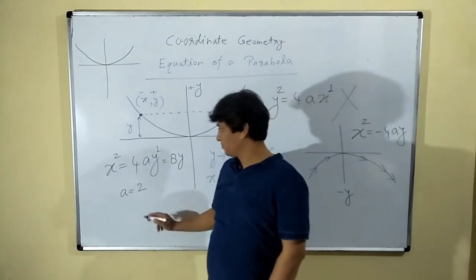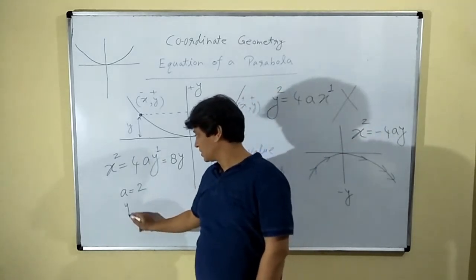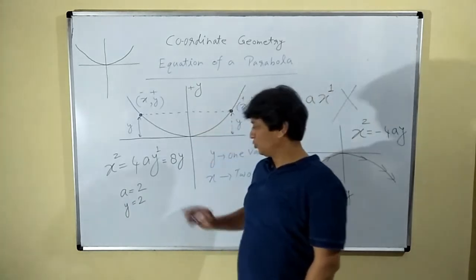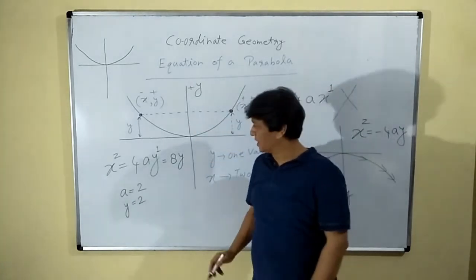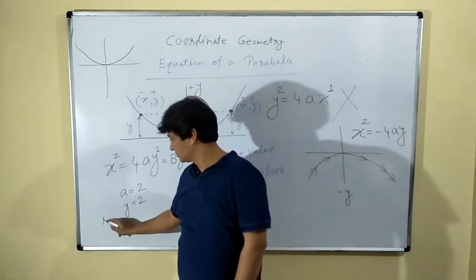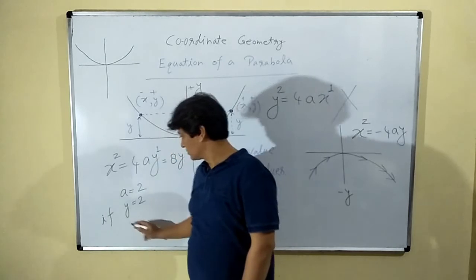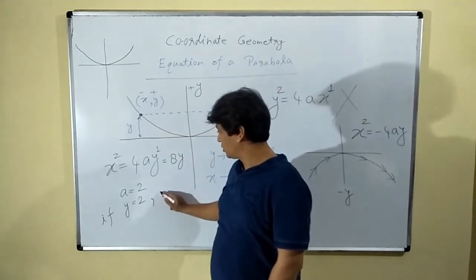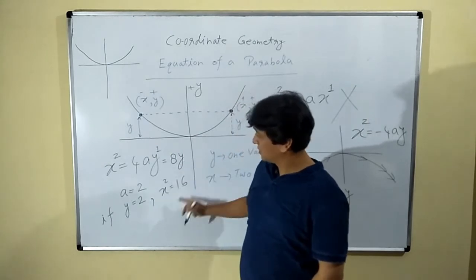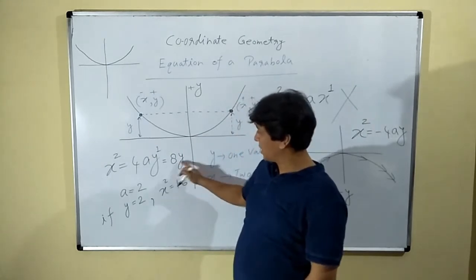Now this is 8y, and let's say y is 2. 2 इसलिए लिया है, इस तरीके स्क्वायर रूट इजीली निकला है अपना. If y is 2, you can see that your x square becomes what? 16. Y is 2, 8, 2.